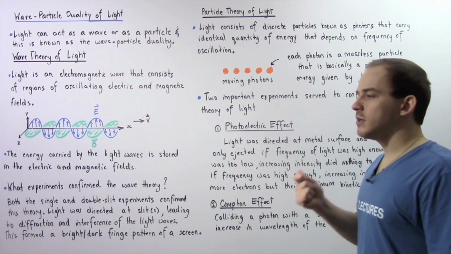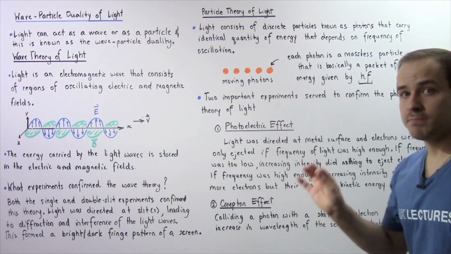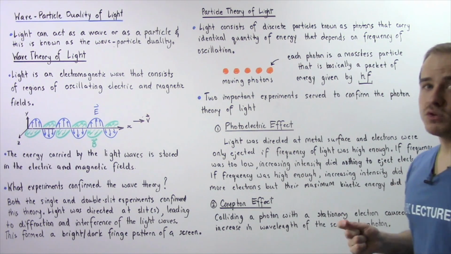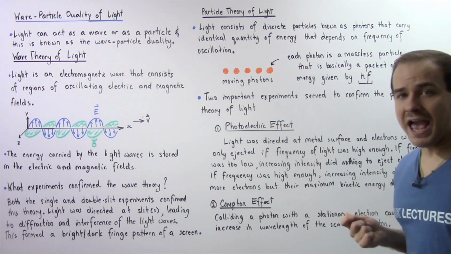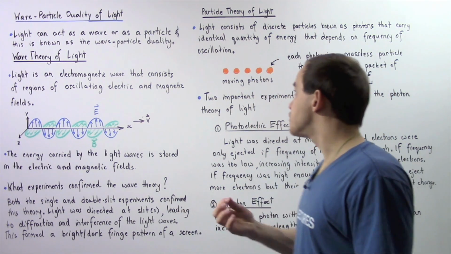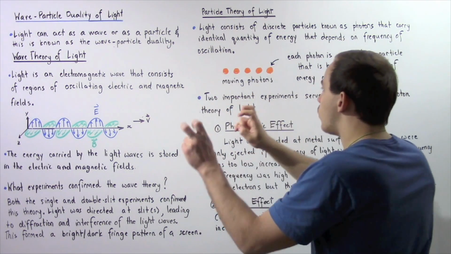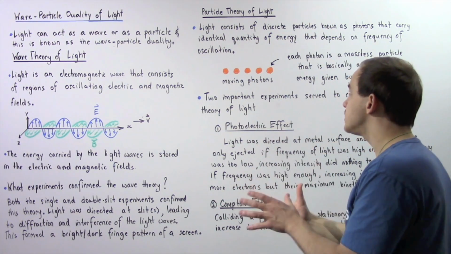Now, let's move on to the particle theory of light, also known as the quantum theory of light. So the quantum theory of light basically states that light consists of discrete particles known as photons that each carry an identical quantity of energy that depends on the frequency of that light. So this is our light wave that consists of individual discrete photons.